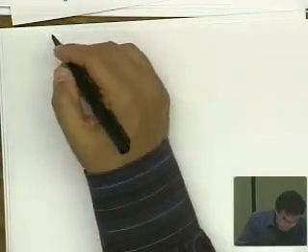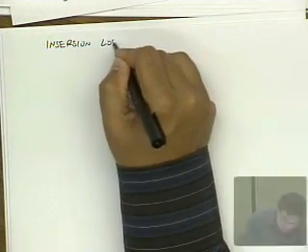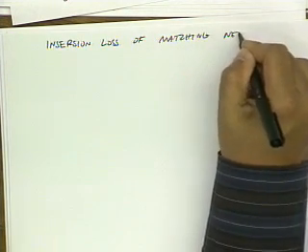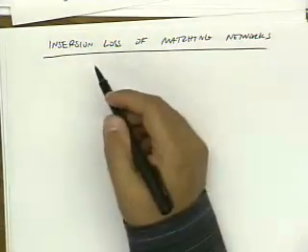Okay. So the next topic is the insertion loss of matching networks. Now, an ideal matching network, of course, doesn't have any insertion loss. It's ideal elements.